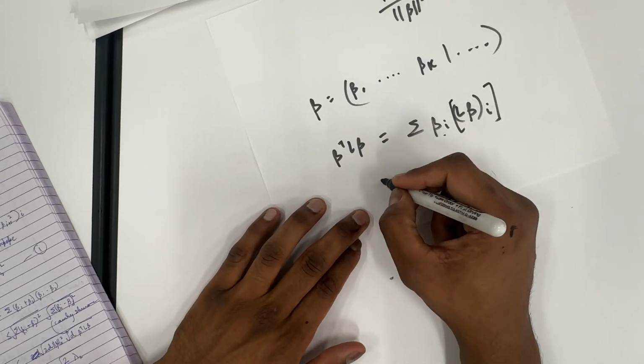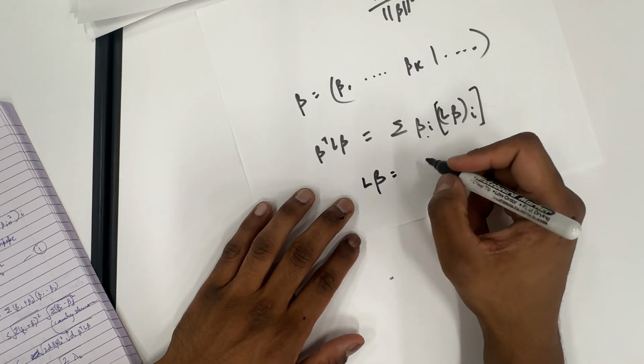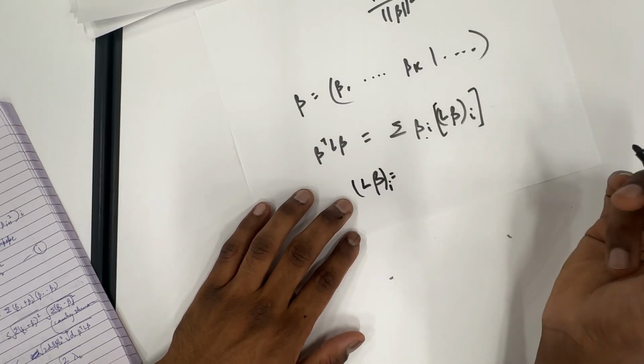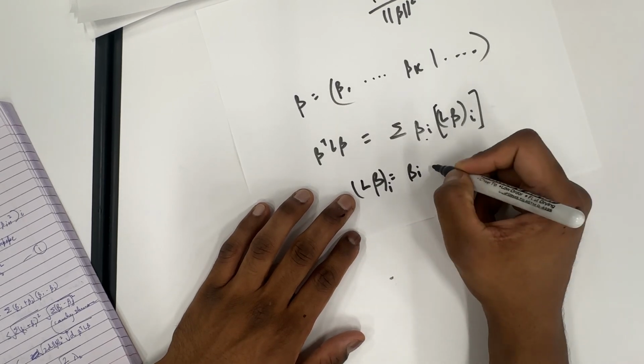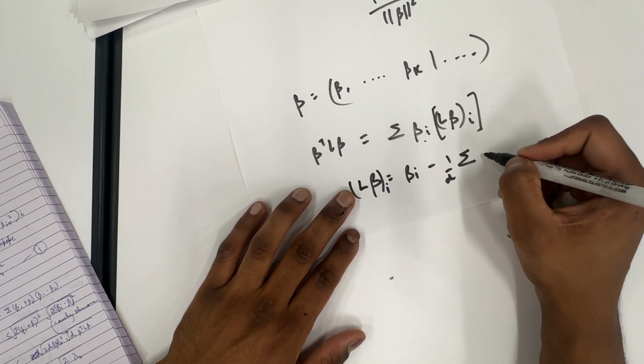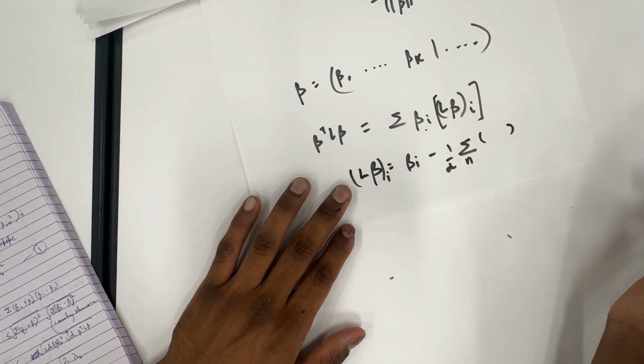So let's see what L beta is just for the first k elements. For the ith element, it is me myself minus 1 over d times all the neighbors that I have, the average of those betas, right?